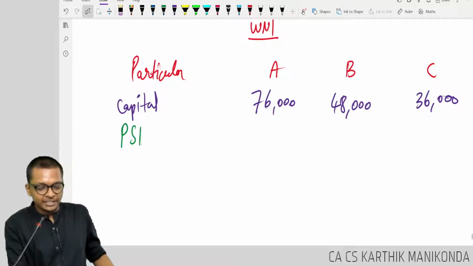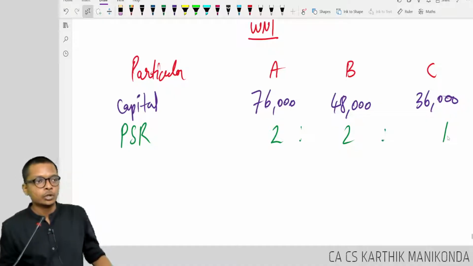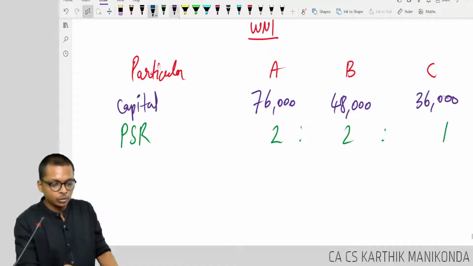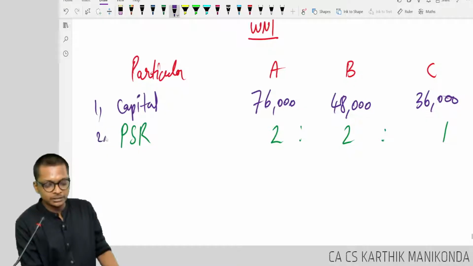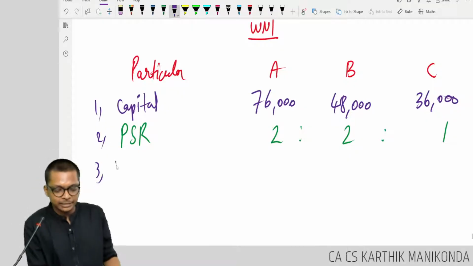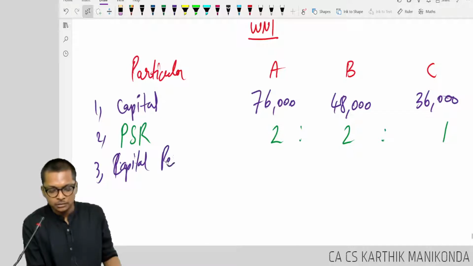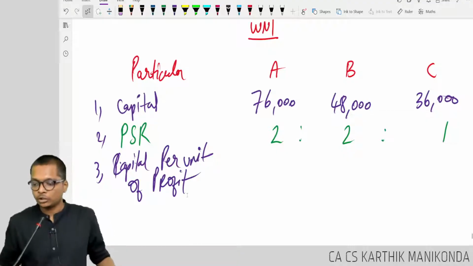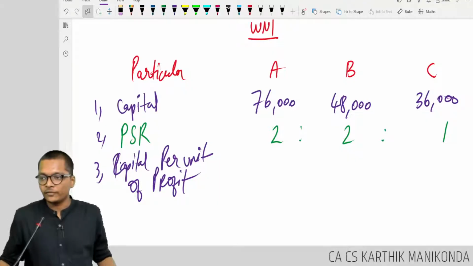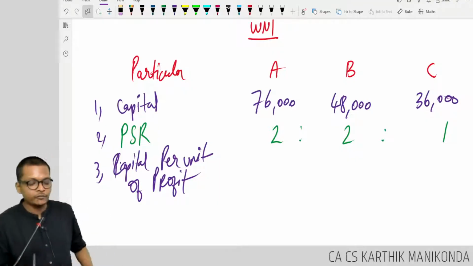What is the profit sharing ratio? 2:1. Now this is 1, this is 2, 3. 3 is called capital per unit of profit. Capital per unit of profit, guys.